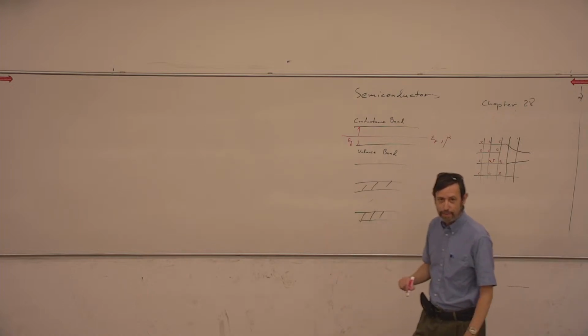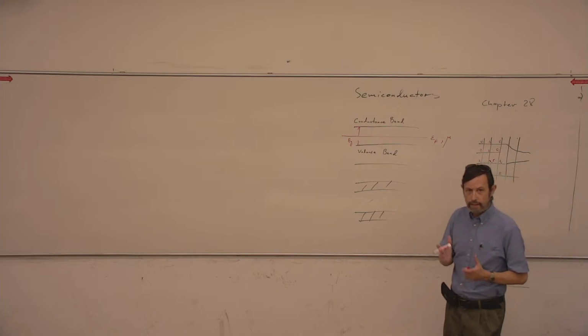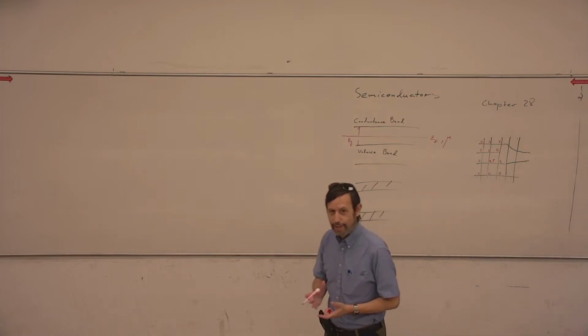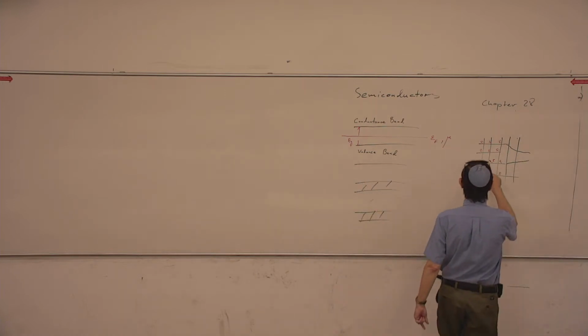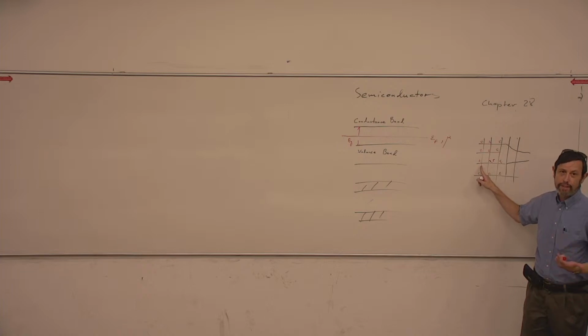Phosphorus, for example. So what will happen here? It still will be arranged in the same lattice structure, but this atom will have one electron that it wants to get rid of, or one missing, one hole that it would like to fill.